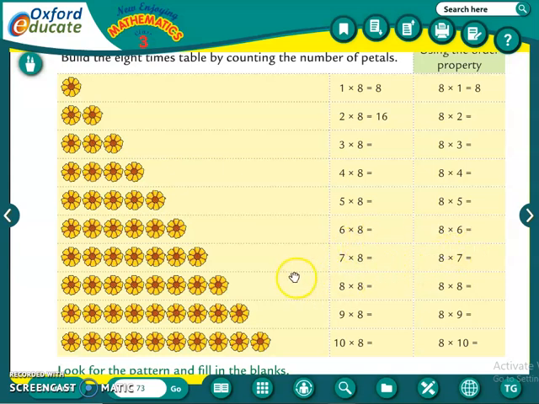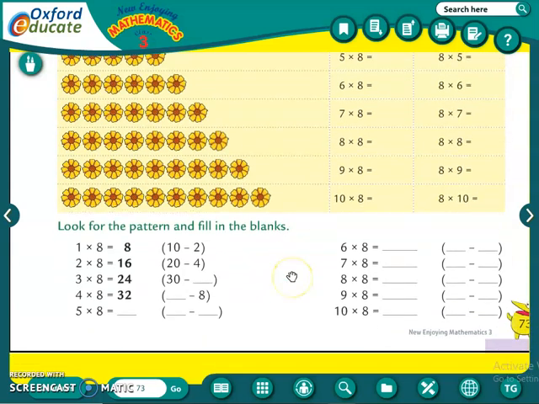Now we will see, look for the pattern and fill in the blanks. Here it is written 1 multiplied by 8 is equal to 8. In the bracket it is written 10 minus 2. Both the answers will be the same. Here is 8 and 10 minus 2 is equal to 8. 2 eights are 16.